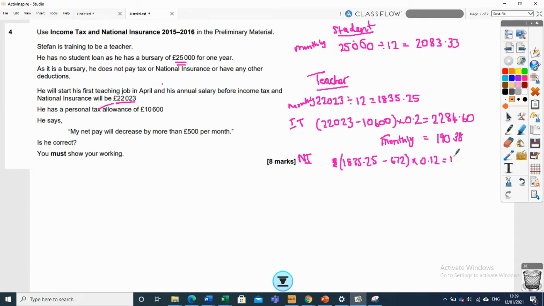£139.59. So the total deductions are equal to 329.97.